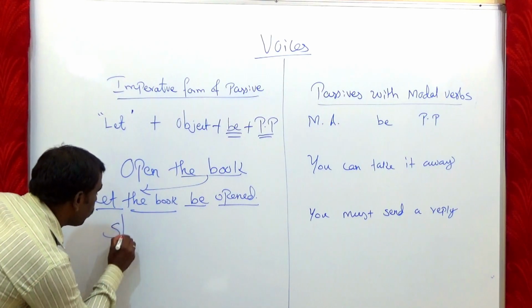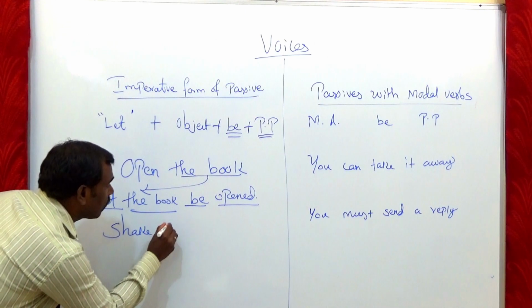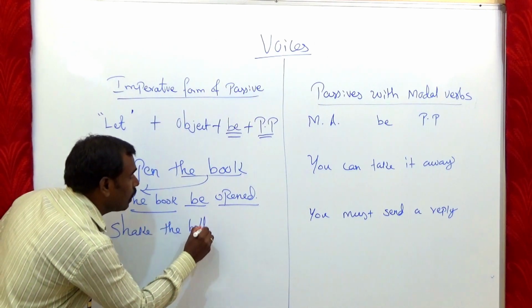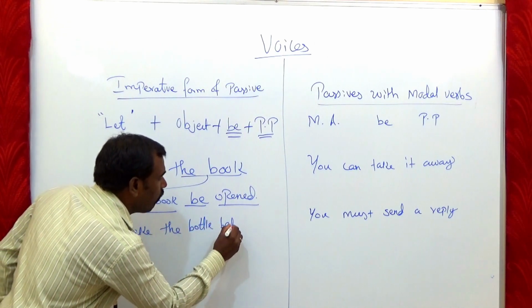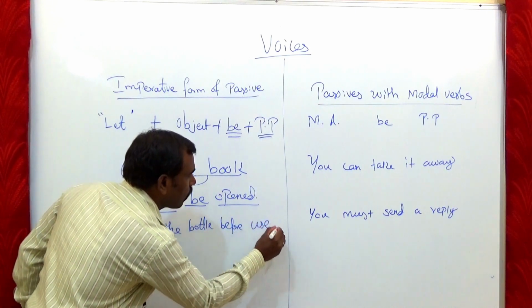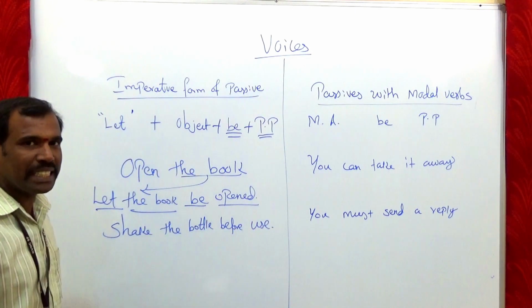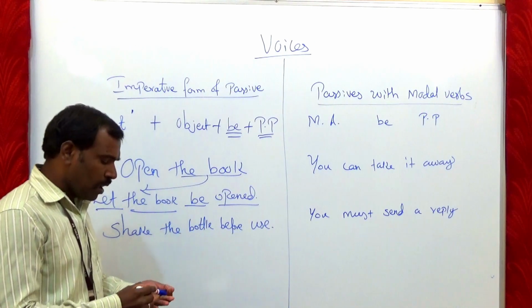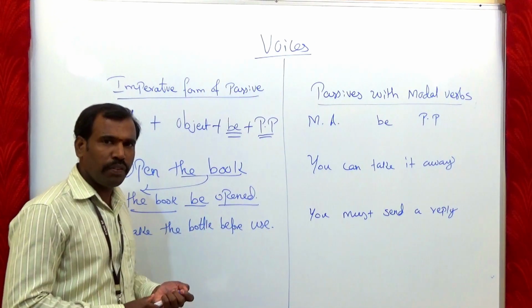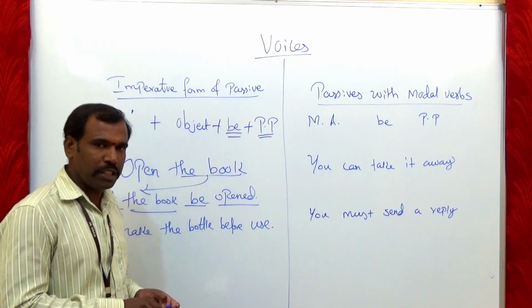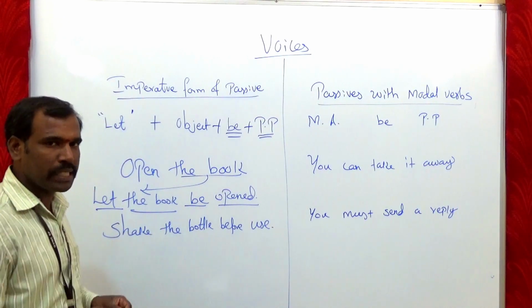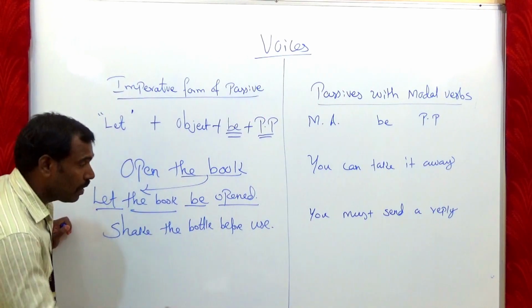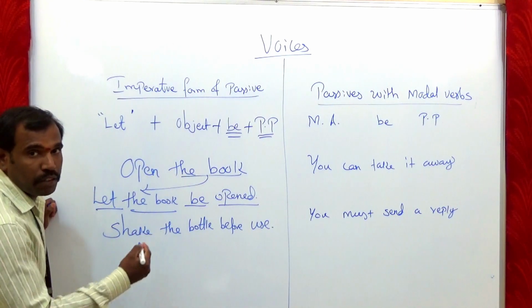It is a very simple example. Shake the bottle before use. We often use this in our daily life, for example, shake the bottle before taking. There are prescriptions: shake the bottle and use it. So I have given the same example, and how do we form the passive form for this?